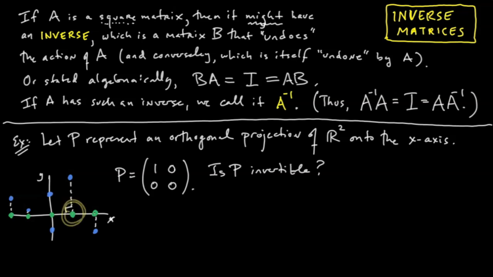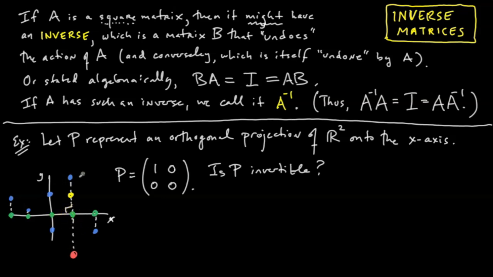Because if you give me, say, this point right here, and say, well, what was the one and only one thing that could have been projected to that point? Well, it's not just this. It could have been this point, i.e. this vector, or this point, i.e. this vector. All of these points, or equivalently all of those vectors, get mapped to this point or vector.